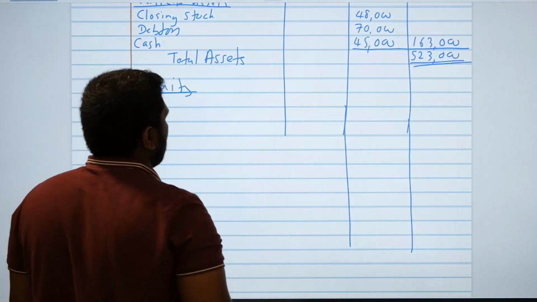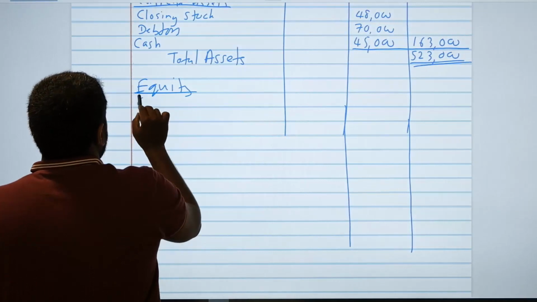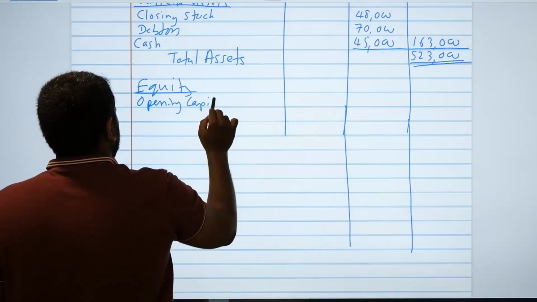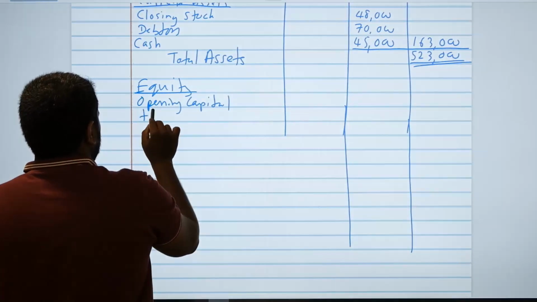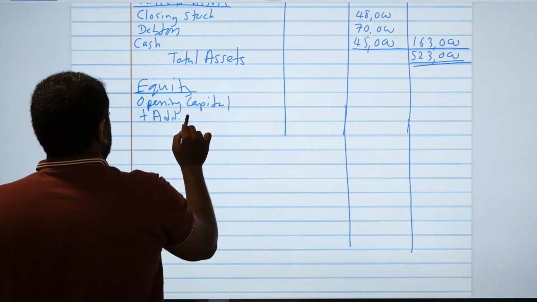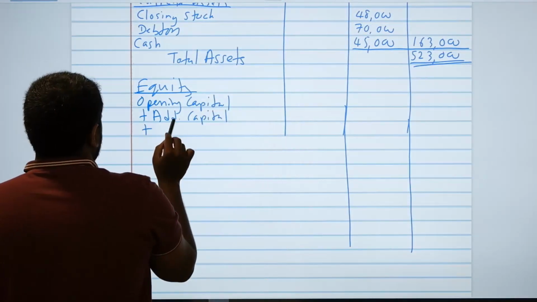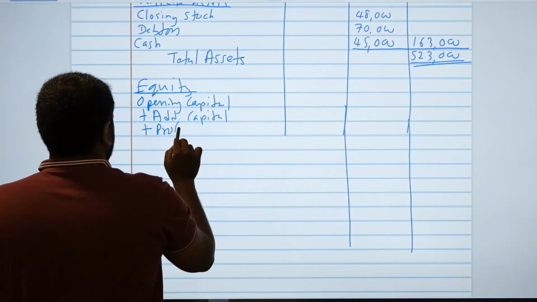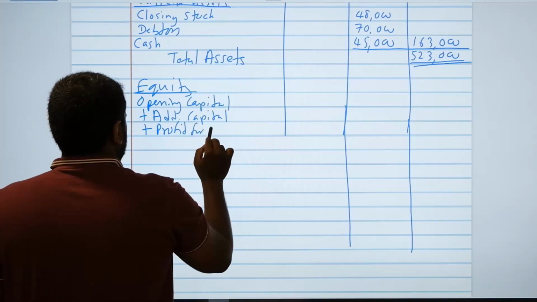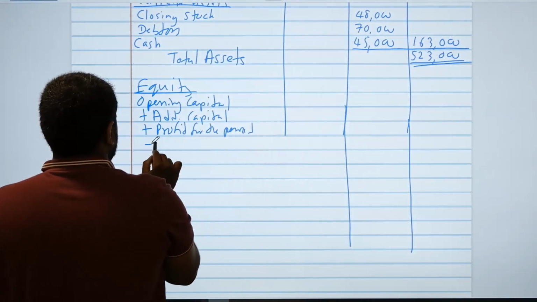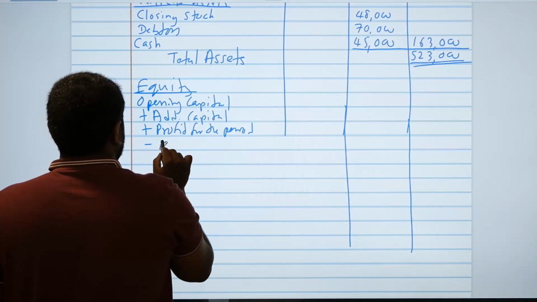Under the equity, you have the opening capital plus additional capital plus profit for the period minus drawings.